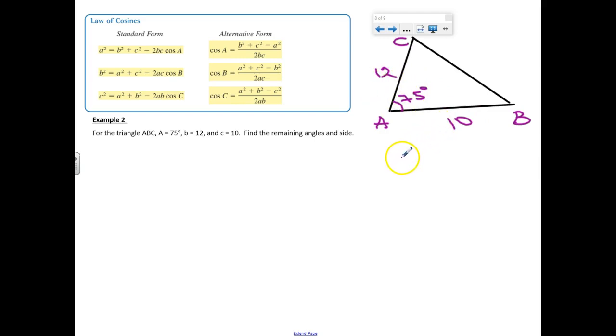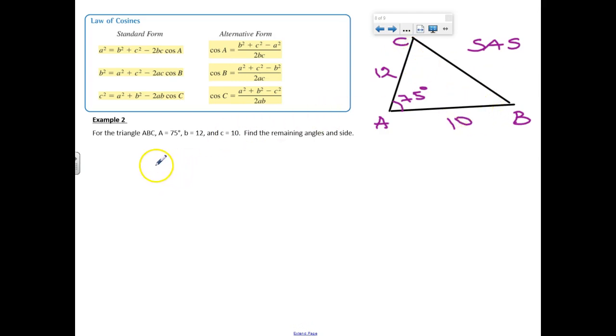Whenever you're given two sides and an angle in between, this is our case of side, angle, side, we can always apply the law of cosine. We're looking for the third side, and then we can find the other two angles as well.